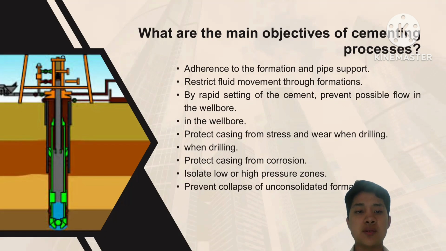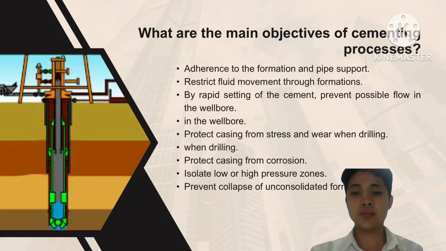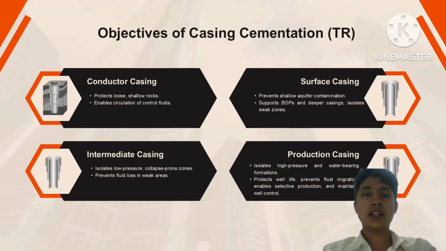Lastly, cementing prevents the collapse of weak or unconsolidated formations, further enhancing well integrity. In the next slides, we will talk about the objectives of cementing and how it contributes to well integrity.